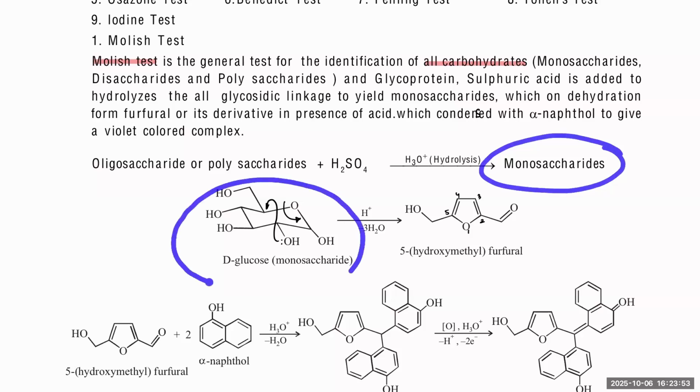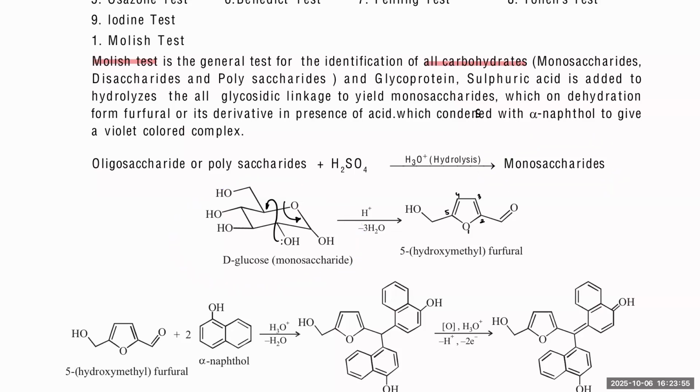And once you get all the monosaccharides, let us assume that the monosaccharide mainly is made up of glucose, right? And if this glucose is further kept in concentrated H2SO4 in a controlled form, then here this O will attack, this bond will break because it is a hemiacetal bond, correct? Hemiacetal will break, converts into an aldehyde, and the ring suddenly changes into a five-membered ring.